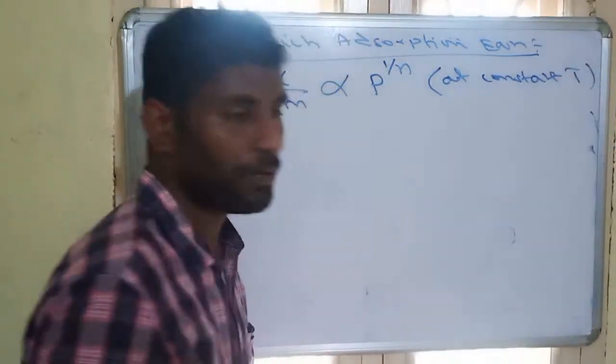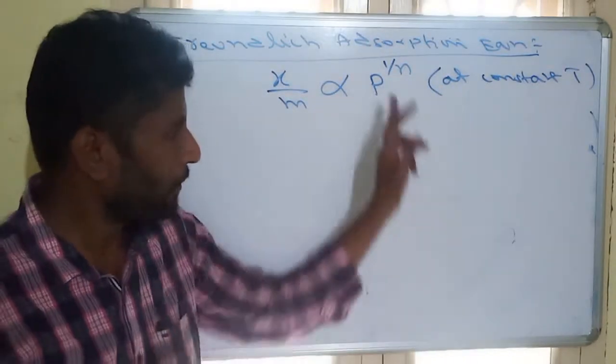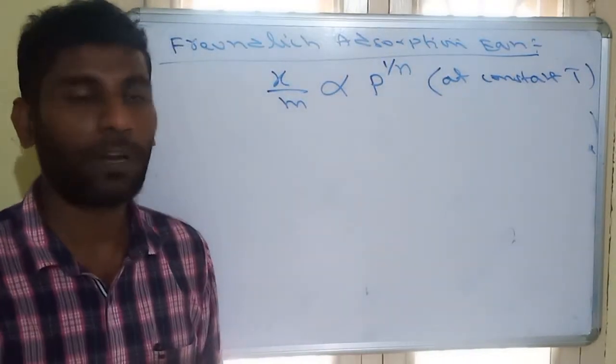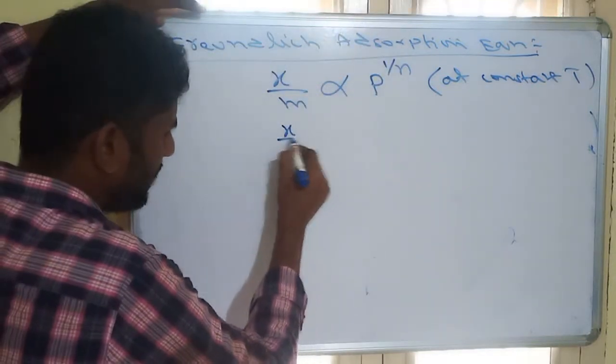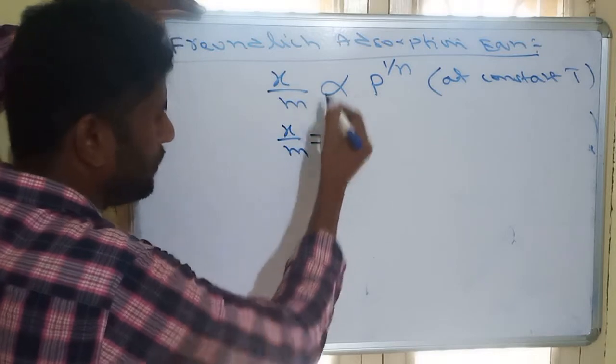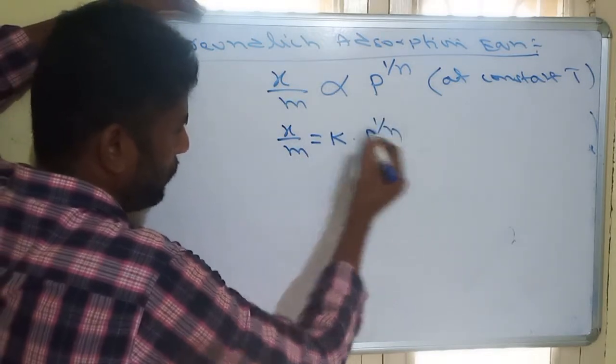When temperature is constant, the amount of adsorption is directly proportional to pressure with some power value, that will be 1 by n. From this, x by m is equal to a constant k into p power 1 by n.